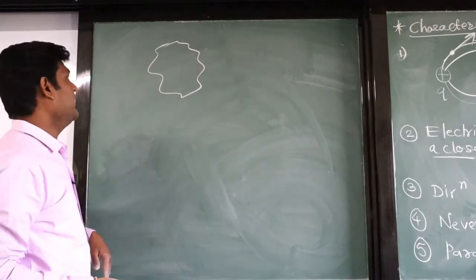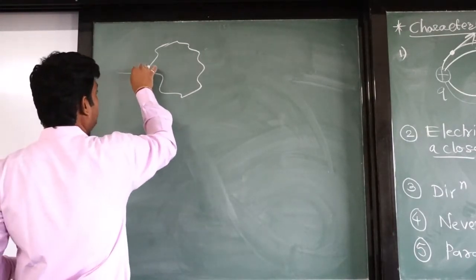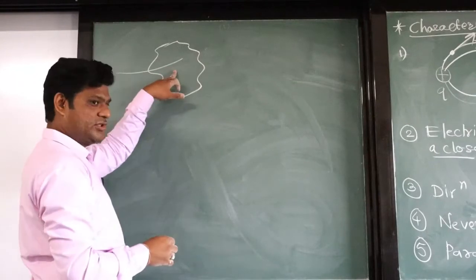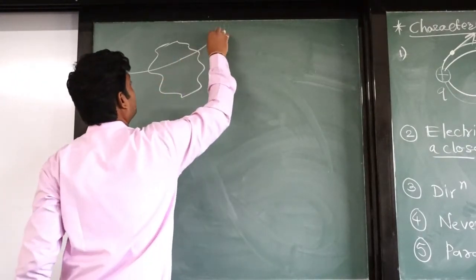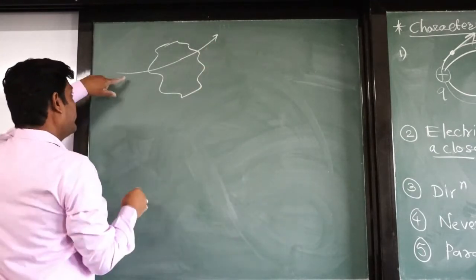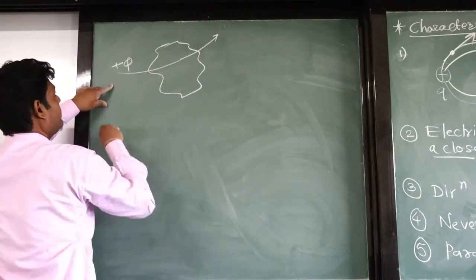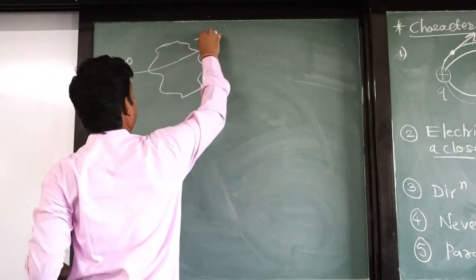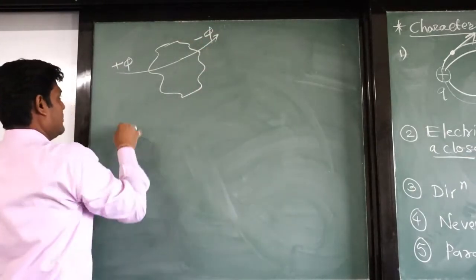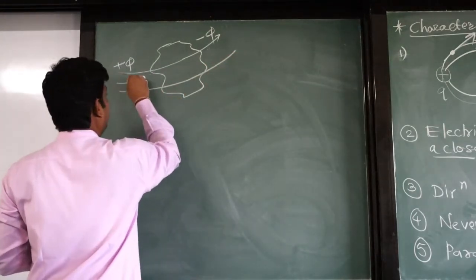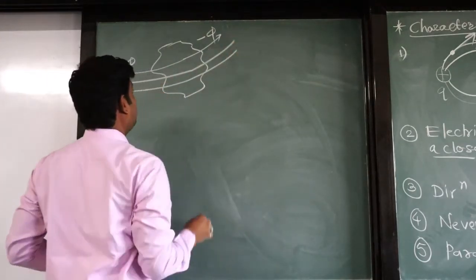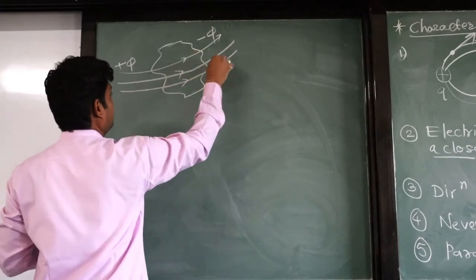So flux entering the closed surface, the same flux leaves through it. Entering flux is denoted by plus phi and leaving flux by minus phi. In the same way, the same flux enters and the same flux leaves.